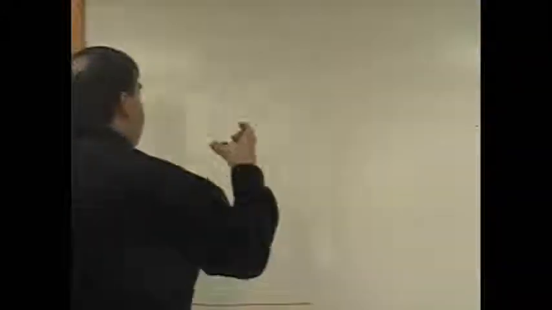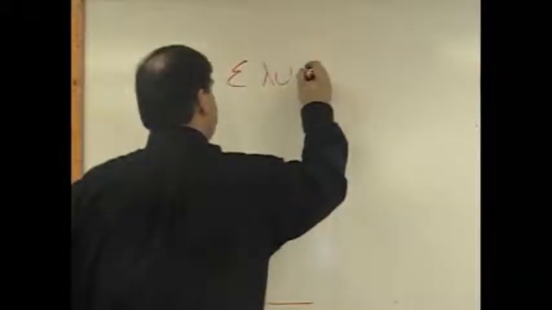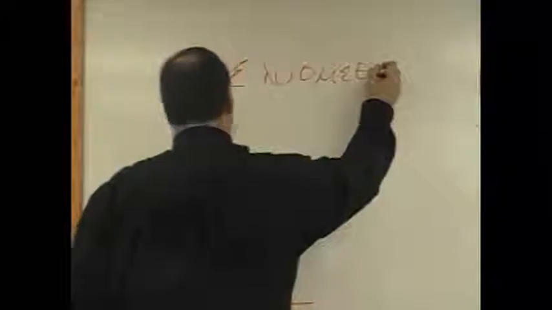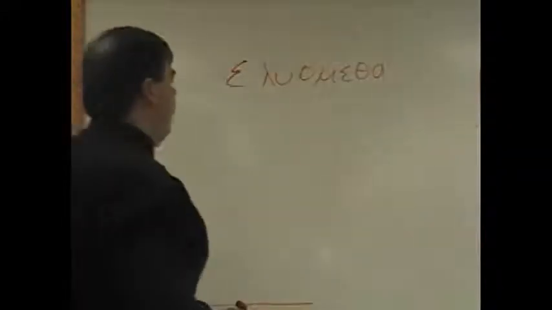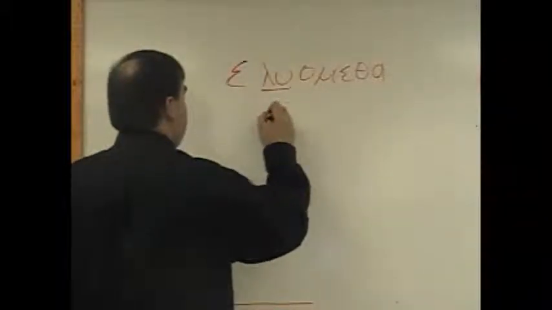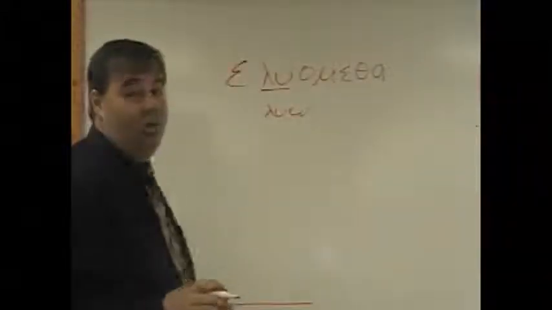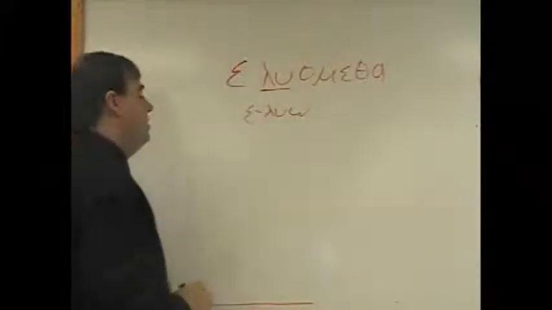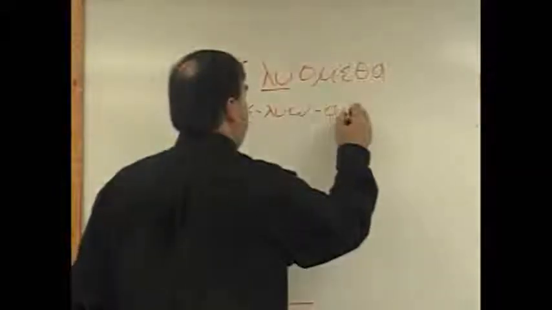Let's do this one here. Okay, and luometha. Obviously, our root word here is luo. So luo meant I wash, one of the first words that we've worked with. It's got that augment to it, the epsilon. And then also it's got the ending on it, metha.